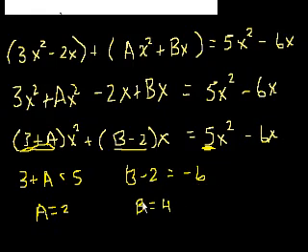Oh, sorry, minus 6 plus 2 is minus 4. So the other binomial, substituting into ax squared plus bx, is 2x squared minus 4x. And that is choice A.